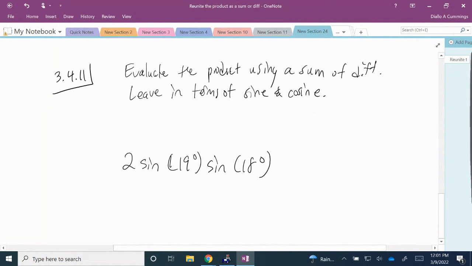Right, so we want to rewrite this product as a sum or a difference. So I'm going to look at the sum or difference products, and I'm going to look for the sine times the sine pattern.